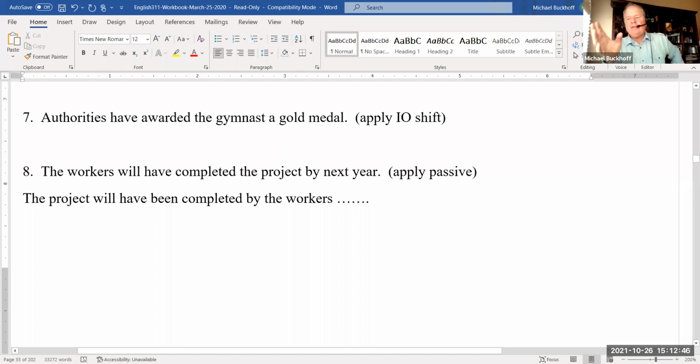Well, you have a good argument here that maybe it's better not to change it into the passive voice in the first place, because it makes it a little more cumbersome. So "the workers will have completed the project" is less bulky than "the project will have been completed," and you have a good argument. I'm not going to disagree with that at all. But I'm just showing you how it works.